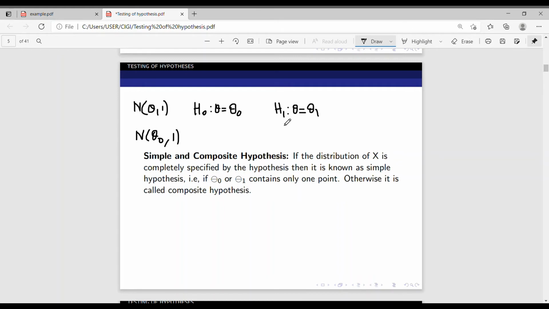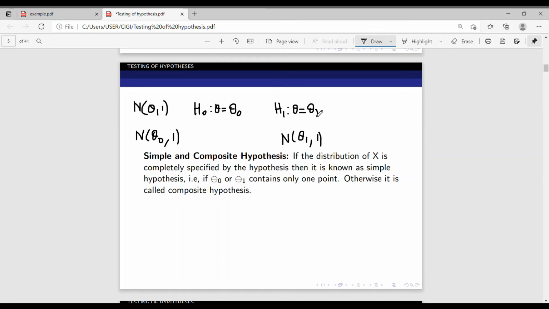Similarly, if we accept the alternative hypothesis, we get theta equal to theta 1. Then in that case, the distribution of capital X, our random sample, will be normal with mean theta 1 and variance 1. In general, if we accept either the null hypothesis or the alternative hypothesis, we get an exact value of theta, that is theta equal to theta naught or theta equal to theta 1.